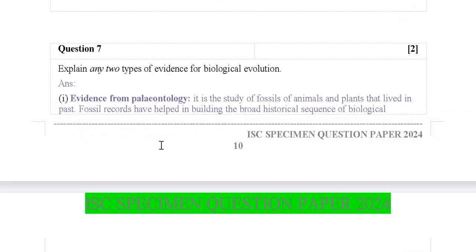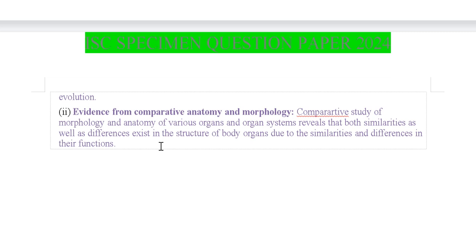So these are the two evidences that I wrote: one is paleontological evidence, and another is comparative anatomical and morphological evidence.